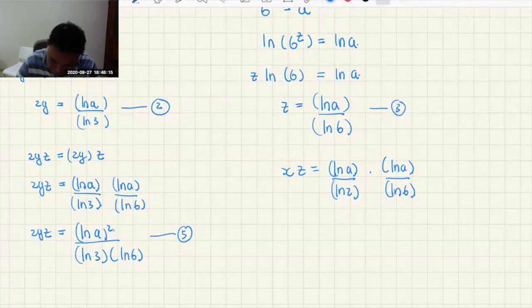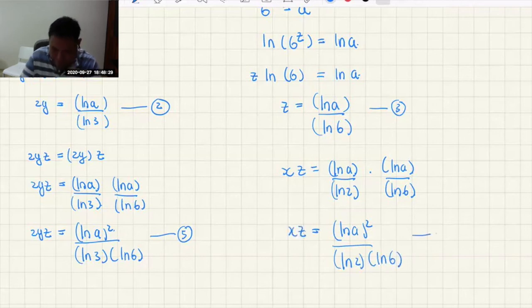Then this one will be ln a square over ln 2 times ln 6. This is equation 6.